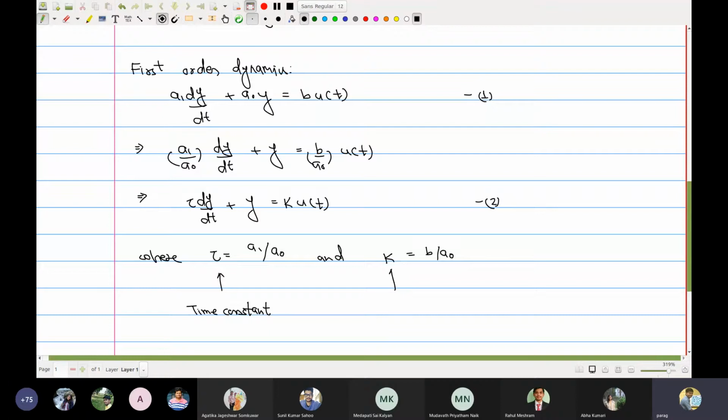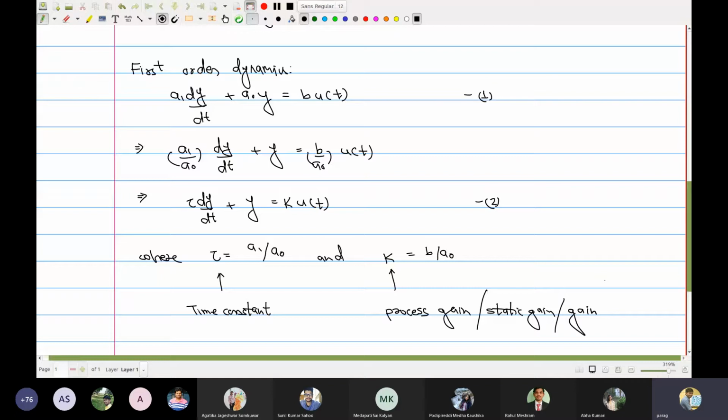And K is called the process gain. It's also called static gain, and it's also called simply gain.